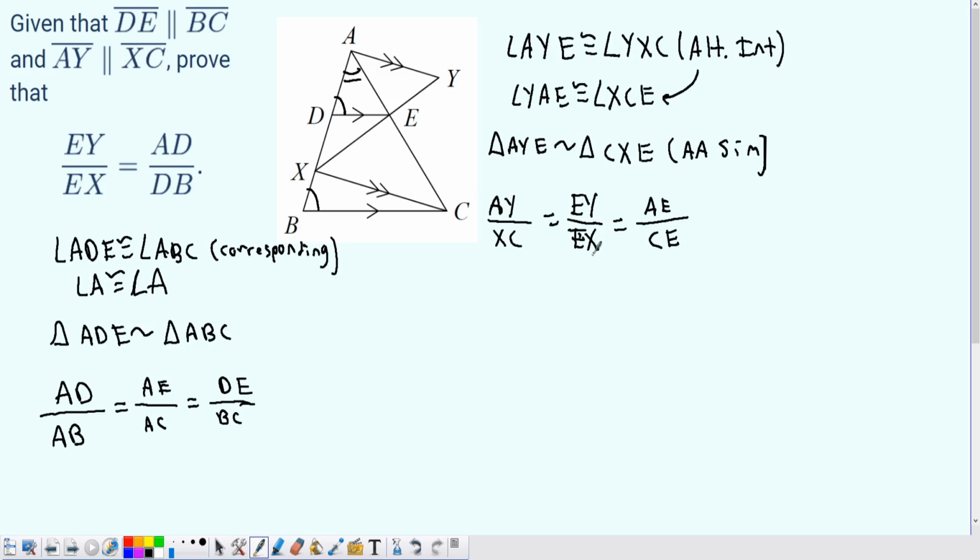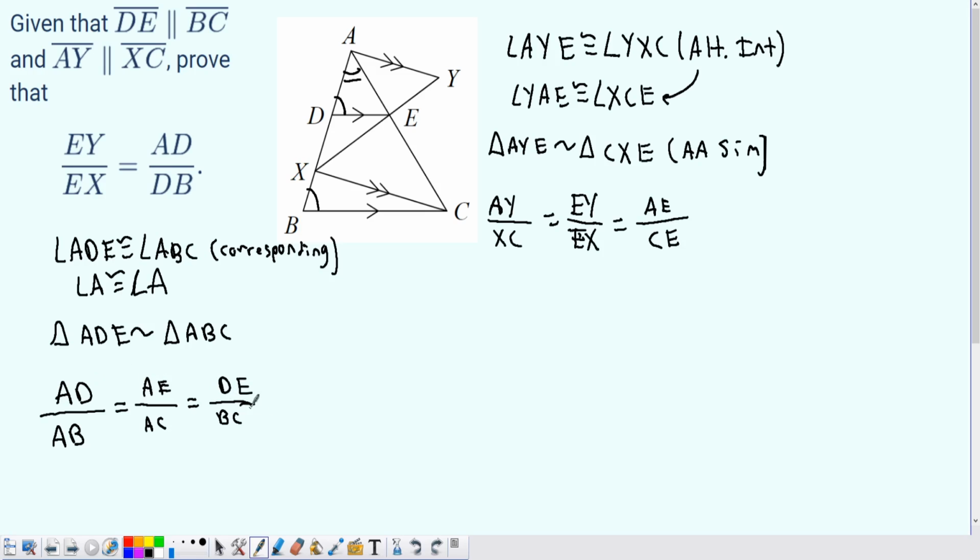Well, EY over EX is equal to AE over CE. That's something, but not quite what I'm looking for. So there doesn't seem to be a real clear equality that I can go with. So let's just try some things out.